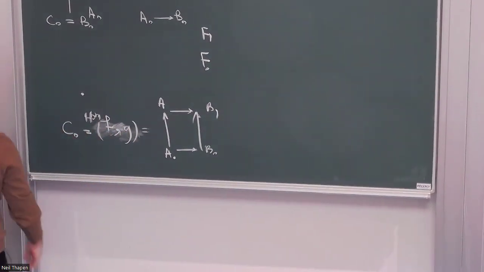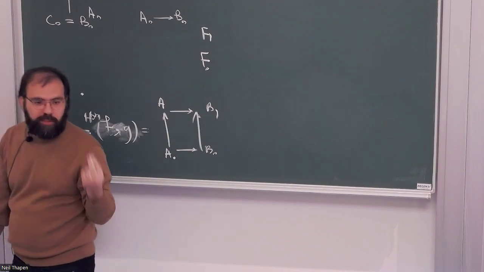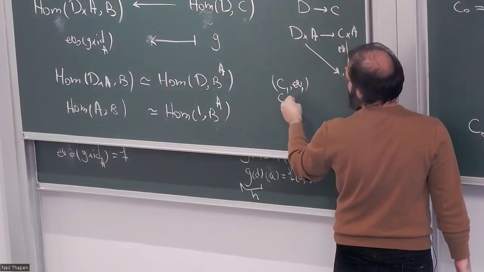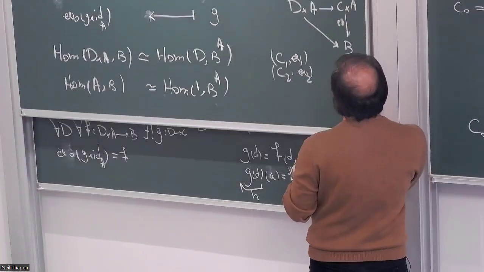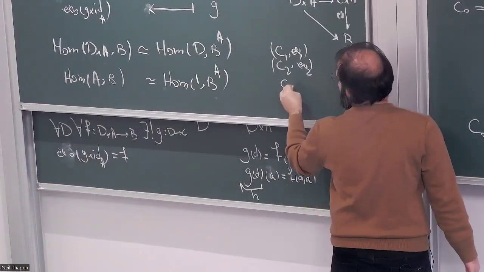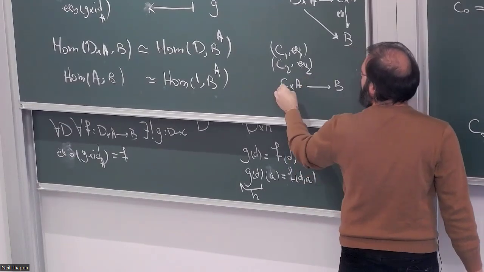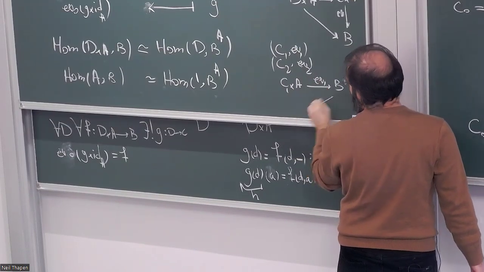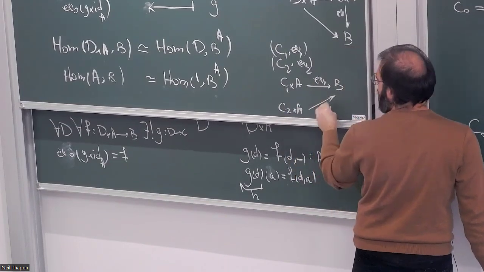Maybe that's the right. Okay, so let's say that you have two exponentiations. So first you have C1 with evaluation 1 and C2 with evaluation 2, right? So then you have this. You have C times A to B, C1 evaluation 1. Also you have this C2 times A evaluation 2.